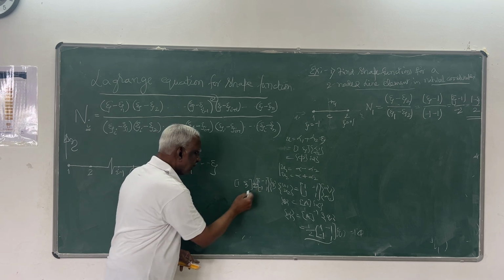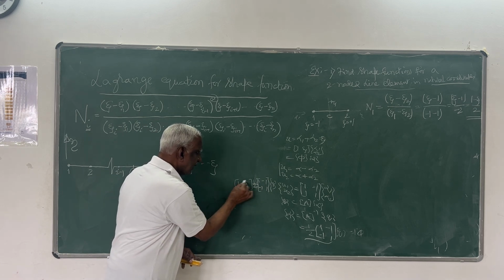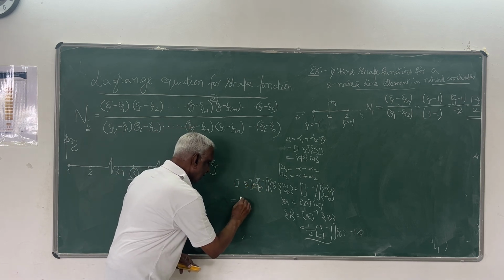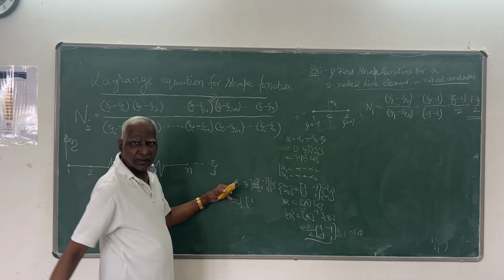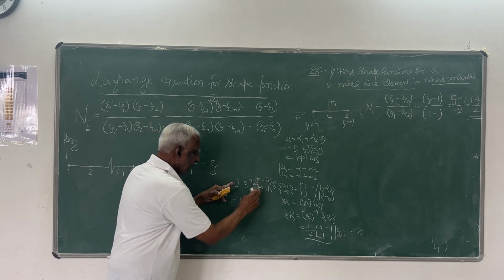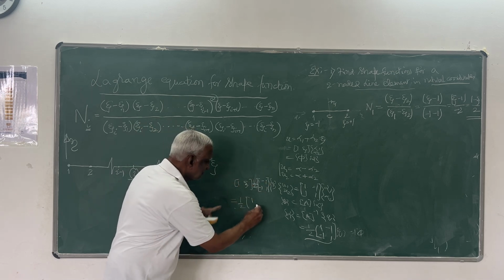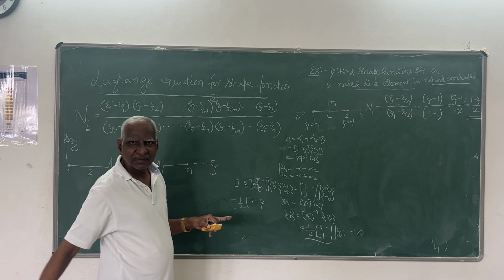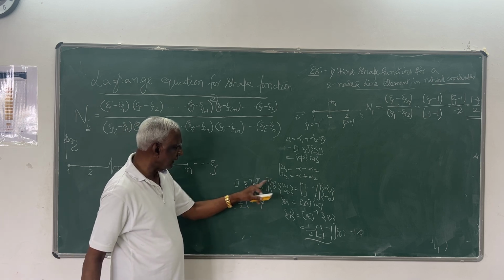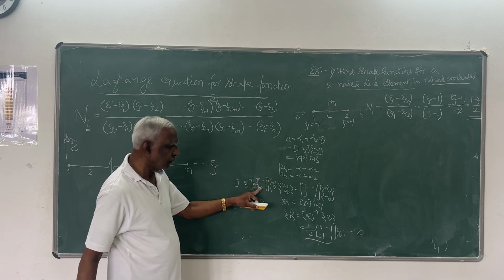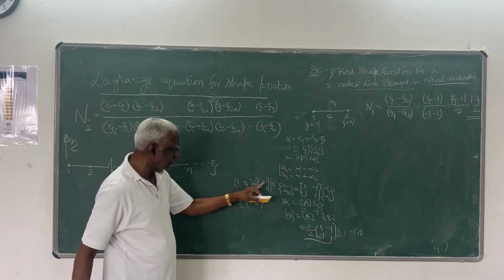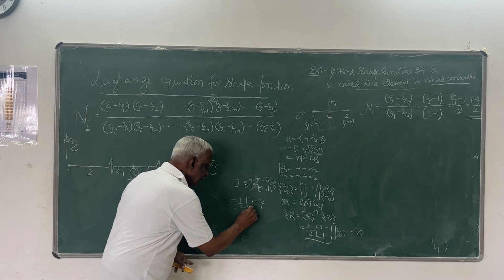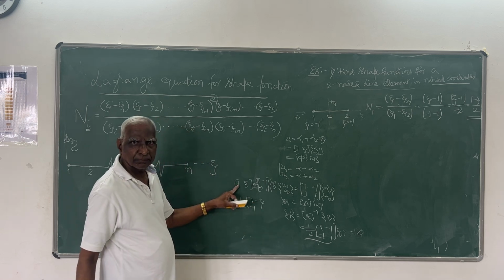So if you do it, this is half 1 into 1, then minus 1 into minus 1. 1 into 1, 1 into minus 1, that is minus 1.